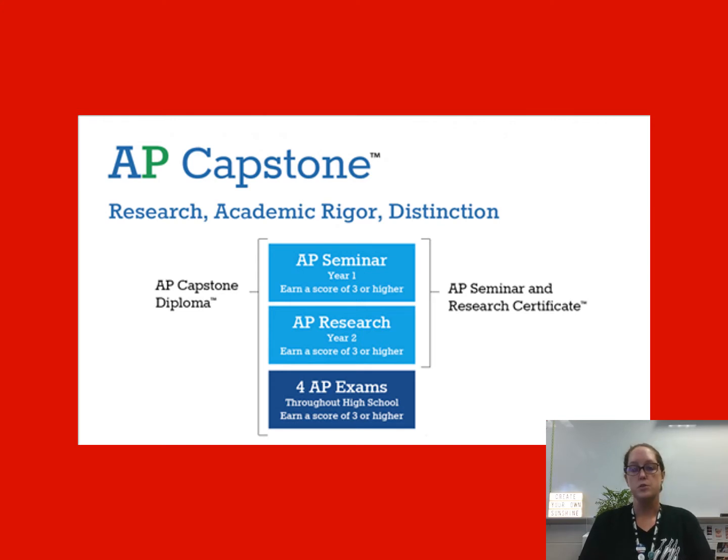Now, in order to receive the Capstone diploma, they will have taken and passed AP Seminar, AP Research, and 4 additional AP exams, which we offer many here, so any 4 will count. And that way, as of right now, to put on their academic resume for college, they are known as an AP Capstone Diploma candidate.